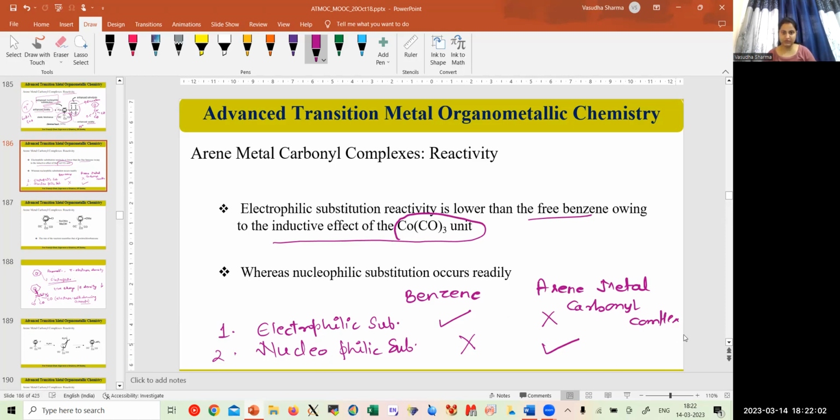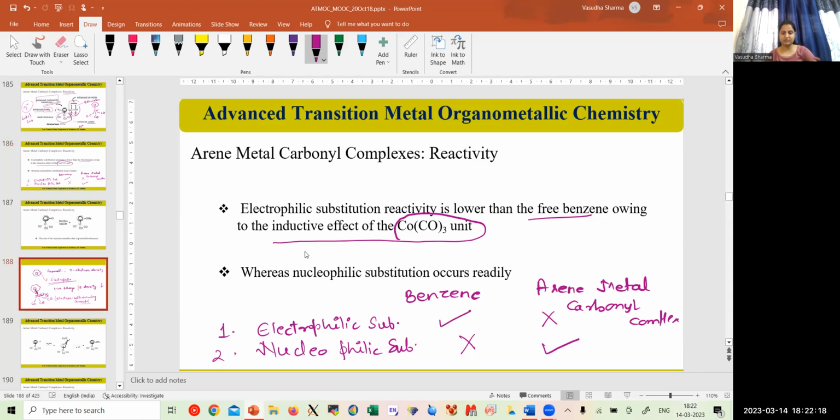So this is where we compare normal benzene with an arene metal carbonyl, where the carbonyl also plays a very important role. If we have an electron donating group attached to the metal, it could have more effect.